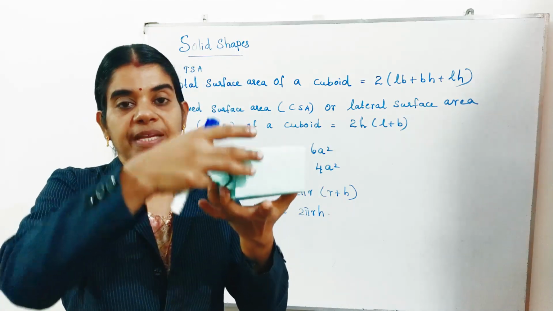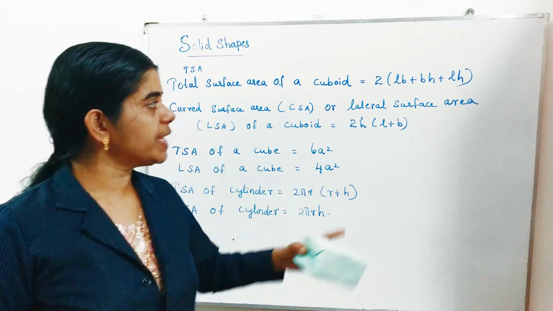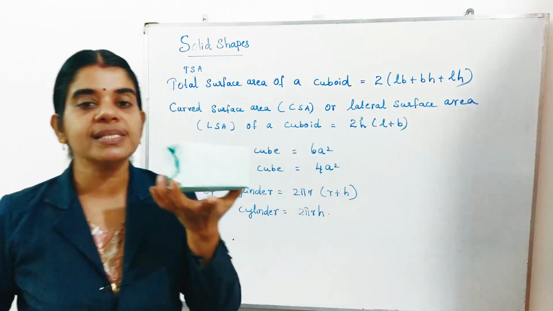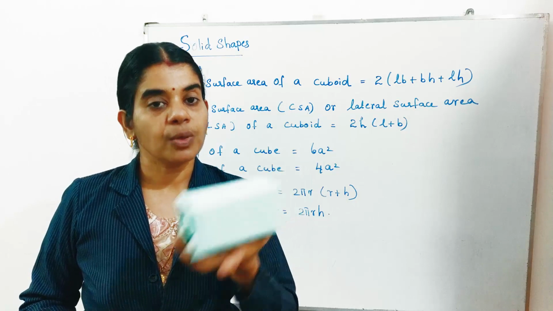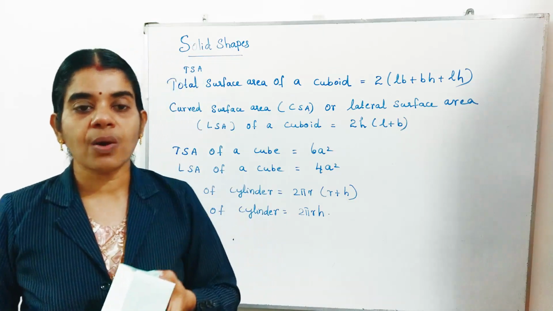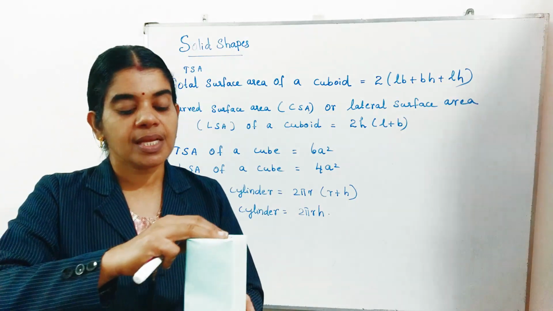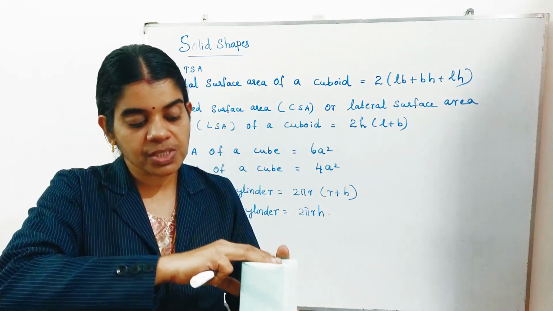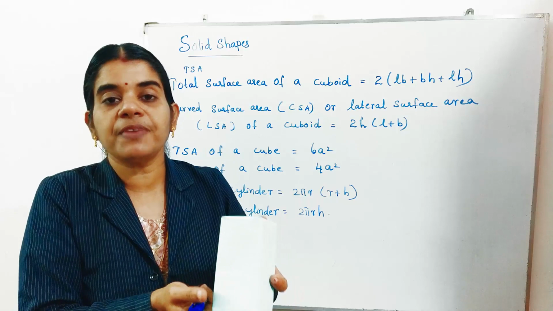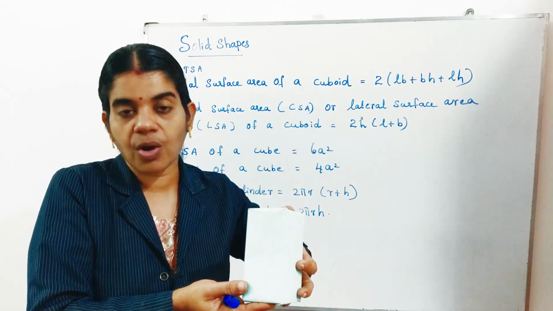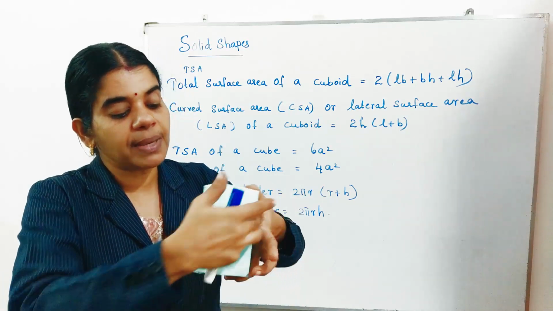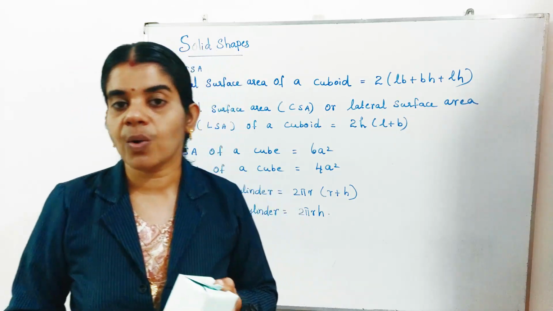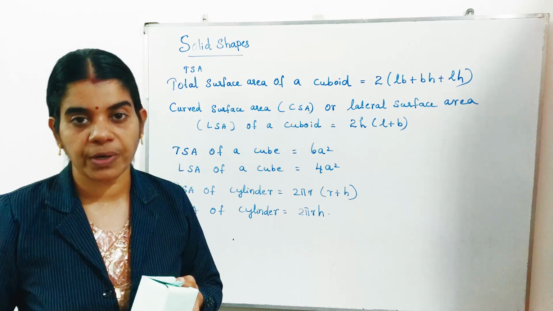So 6 faces' area: 2 into LB plus BH plus LH will be the total surface area of the cuboid. Then lateral or curved surface area means we are leaving the top and bottom faces' area. We are removing the top and bottom faces, and the remaining 4 faces' area is known as the lateral surface area or curved surface area of the cuboid.